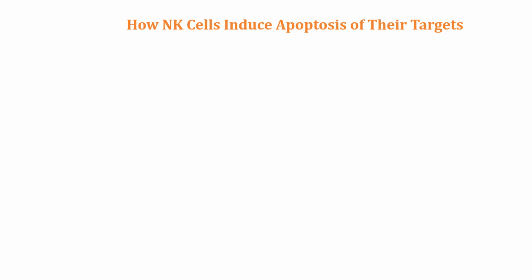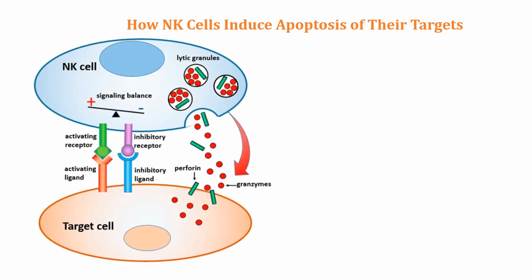Now, how NK cells induce apoptosis of their targets. In the picture, we see the NK cell with lytic granules and the target cell, with signaling plus and minus. Activating ligands are present on the target cell surface and bind activating receptors. Inhibitory receptors are expressed by the NK cell and inhibitory ligands by the target cell.